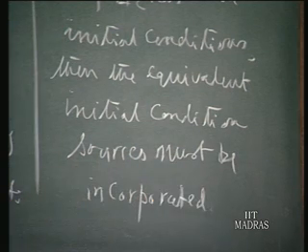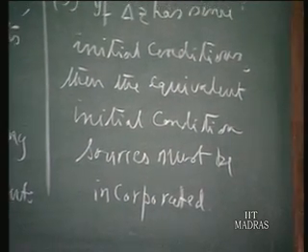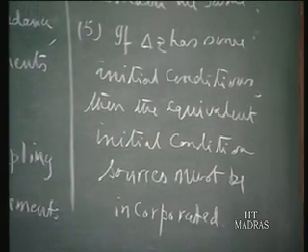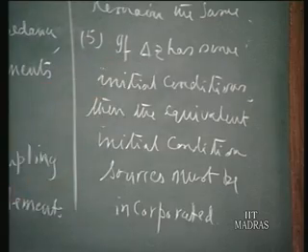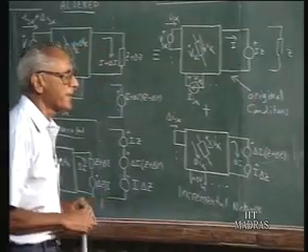That is, in addition to delta Z times I, we must also have an additional source, usually a voltage source in series with that, to represent the initial conditions that are present in delta Z. So this is something which we have to pay attention to.